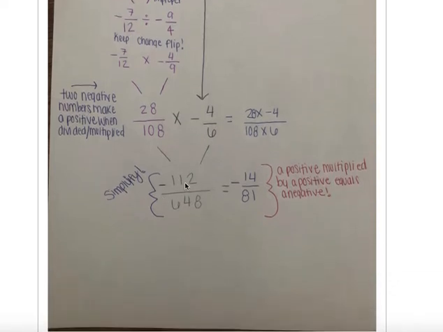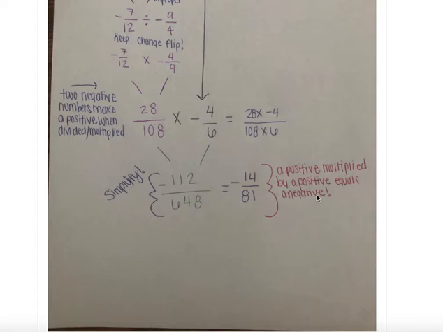We simplify it, so we have -112 divided by 648, which is equal to -14/81. Remember, a positive number multiplied times a negative number is a negative number.